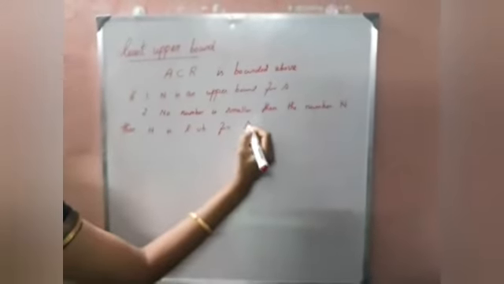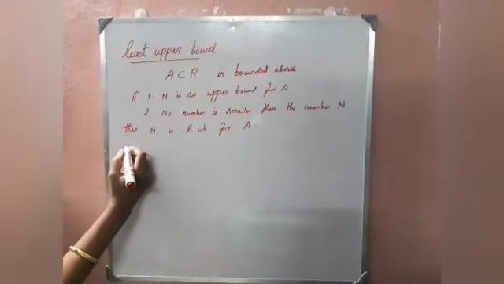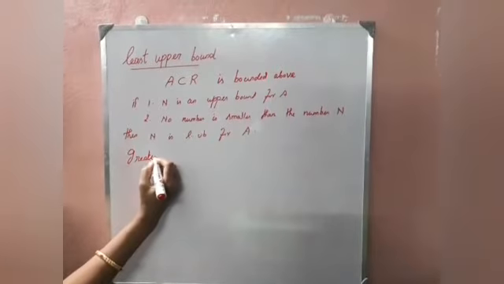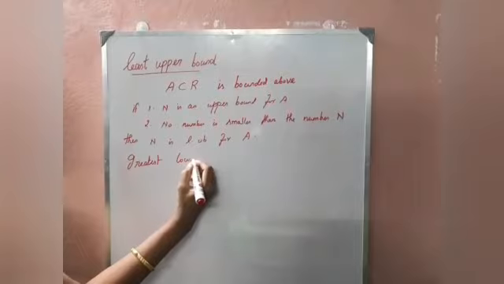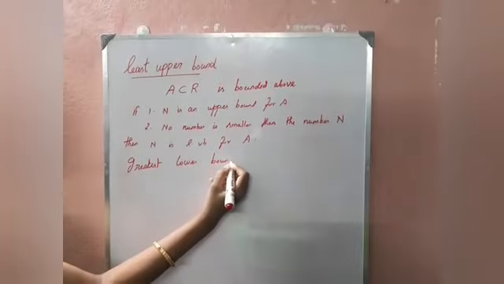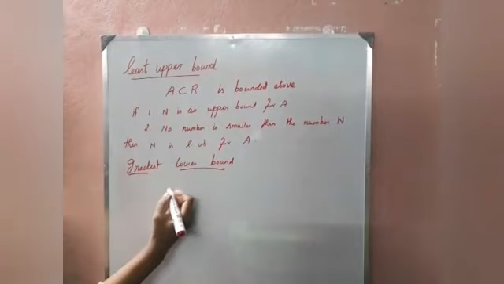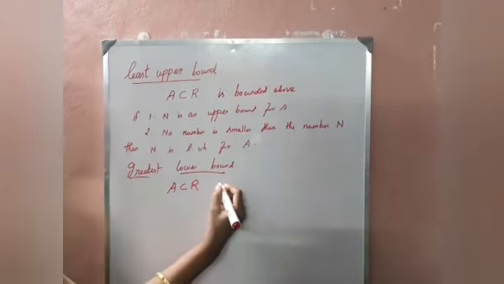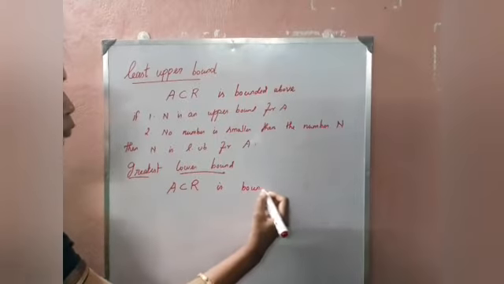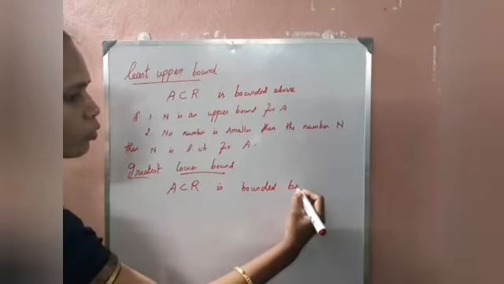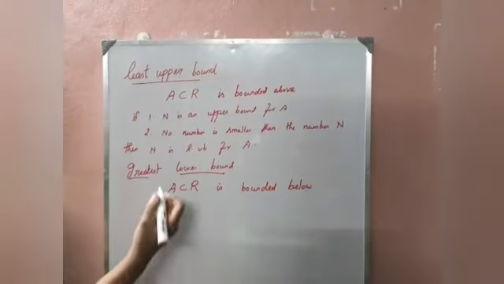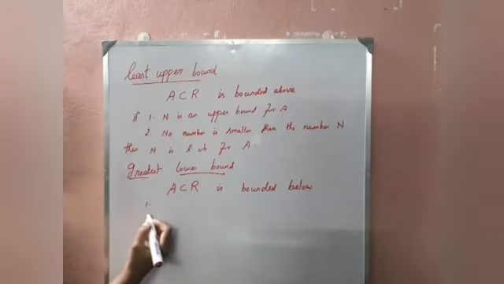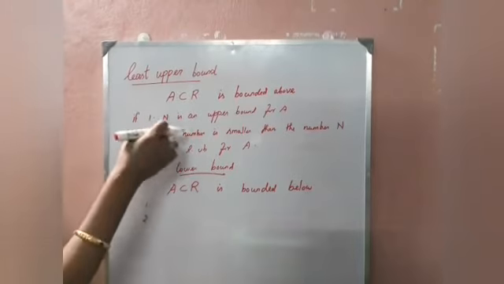The next definition is the greatest lower bound. In a similar way, consider a subset of R that is bounded below, so it has a lower bound. It should satisfy two conditions.